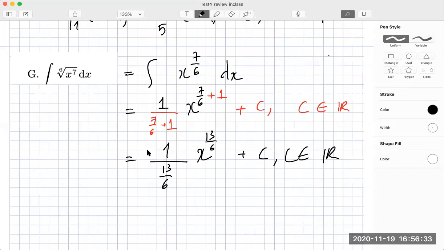Then 1 divided by a fraction is the reciprocal, 6/13. And x to the 13/6 is the 6th root of x to the 13, plus c.